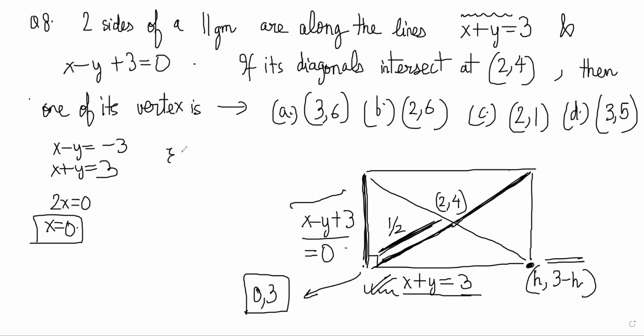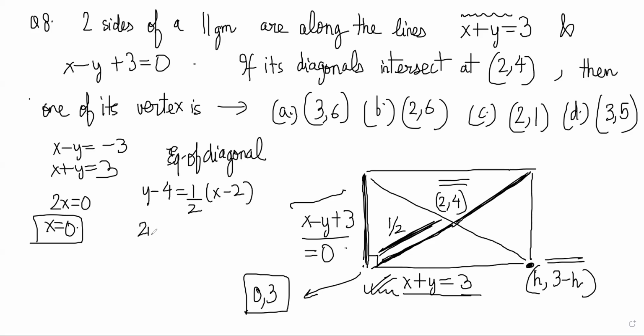The equation of diagonal will become, because one point is known and the slope is known, y minus 4 is half into x minus 2. So that is 2y minus 8 is equal to x minus 2. So you get 2y minus x is equal to 6.